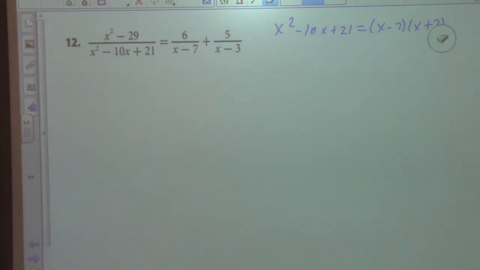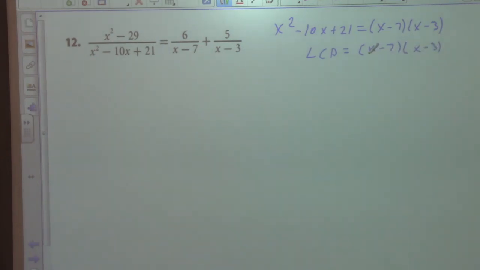Okay, can you tell, just by looking at the problem, when you factored that and saw that, how that's helpful? Yes. That's a fortunate factoring. That's also the least common denominator. So LCD is going to be equal to x minus 7, x minus 3, okay?